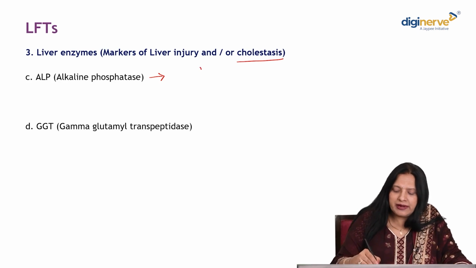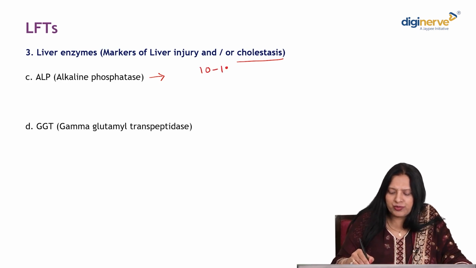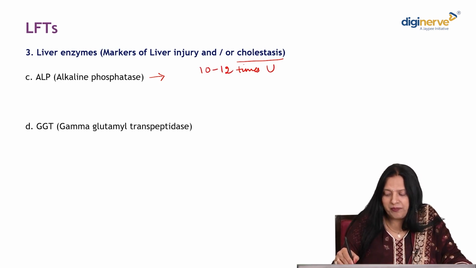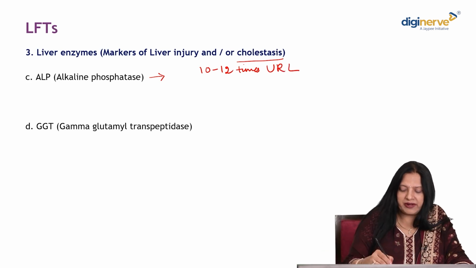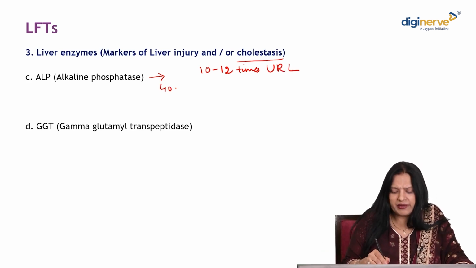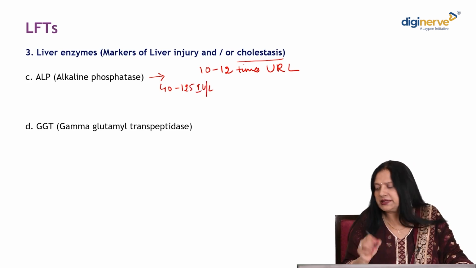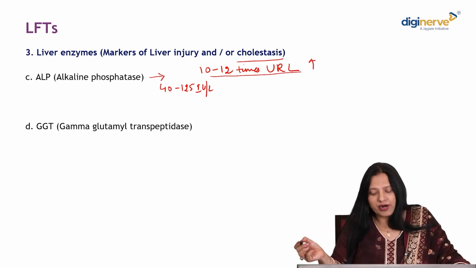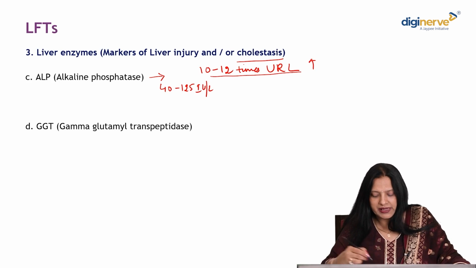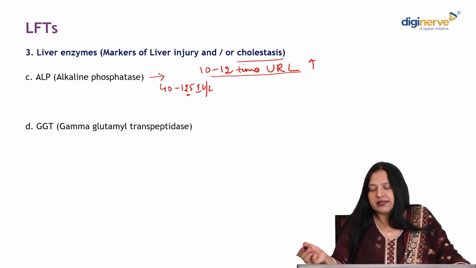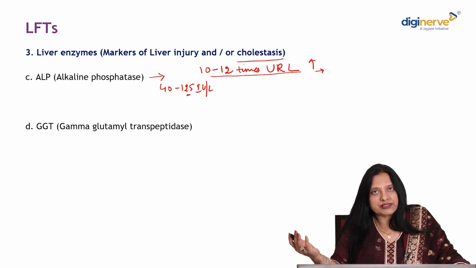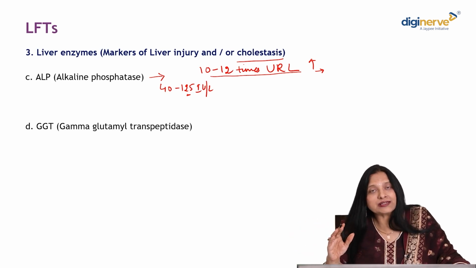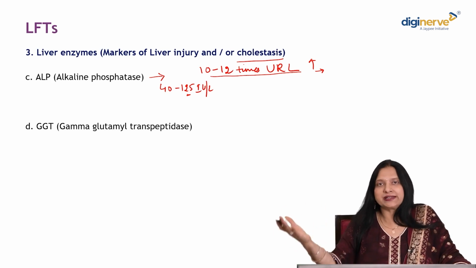When the levels are 10 to 12 times the upper reference limit, what is the upper reference limit? We just said normally the levels are 40 to 125 international units per liter. So when the levels rise beyond 10 to 12 times the upper reference limit, this indicates extrahepatic jaundice, that is, the cholestasis or obstruction is outside the liver.